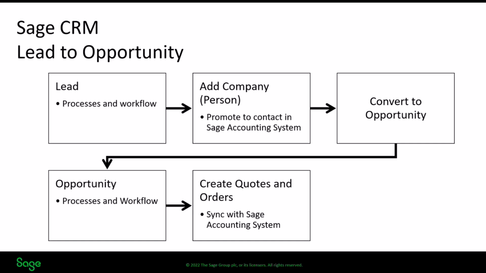So we've got inside Sage CRM the ability to create inter-entity workflows and processes, describing end-to-end processes here as a lead is then turned into a company and a person, escalated into the accounting system as a contact, converted into an opportunity, that opportunity is processed into having a quote, perhaps an order, and those quotes and orders are also sent across into the account system, or they originate within the account system and brought back into CRM and managed within the context of the opportunity.